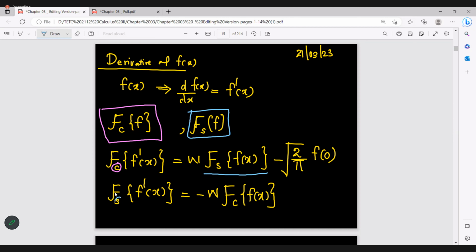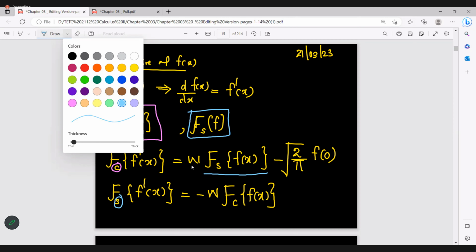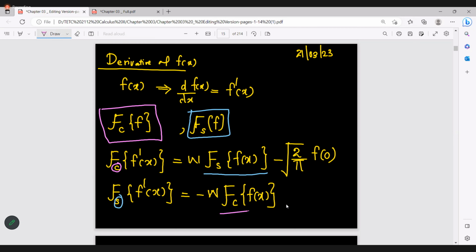And to find the Fourier sine transform of the derivative, we consider minus w times the Fourier cosine transform of the original function. So when you are asked to find the Fourier cosine or sine transform of the derivative, first you need to find the Fourier sine and cosine transform of the respective function f. Then you substitute those into this place to obtain the answer.